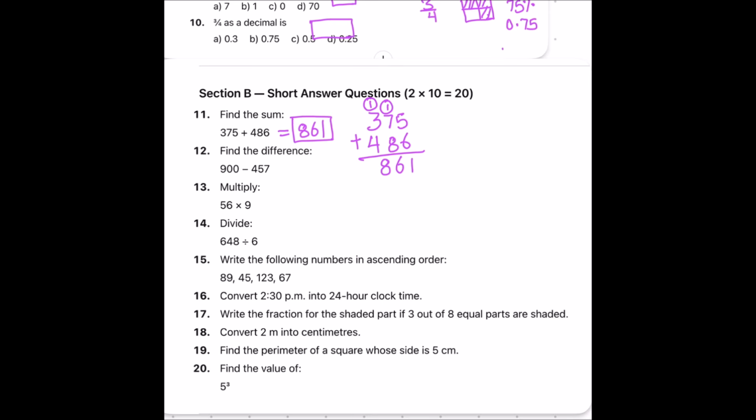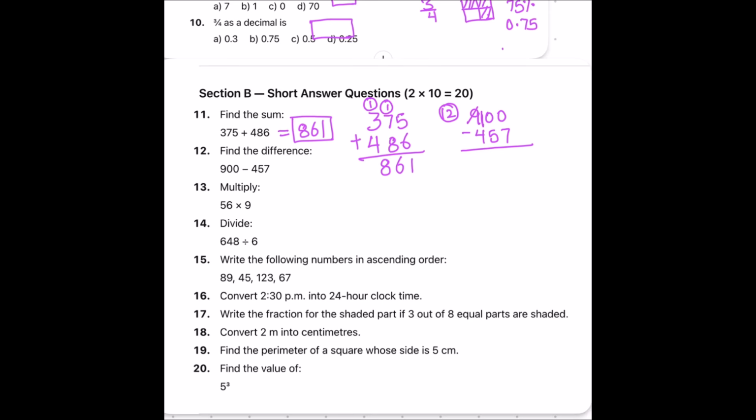Okay. The next one is find the difference. Number 12. So the difference of 900 minus 457. We'll start with the ones place. 0 minus 7 is not possible, so we'll borrow from the next place. The next place is 0, so we'll borrow from the next place. We'll borrow from 9.